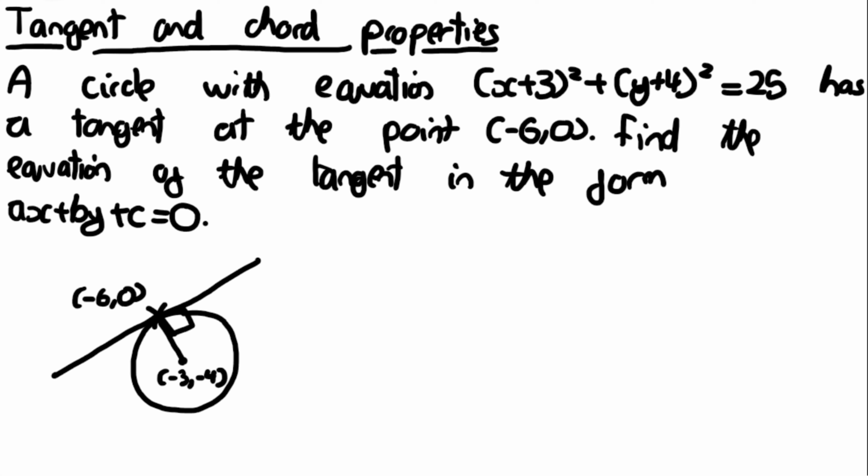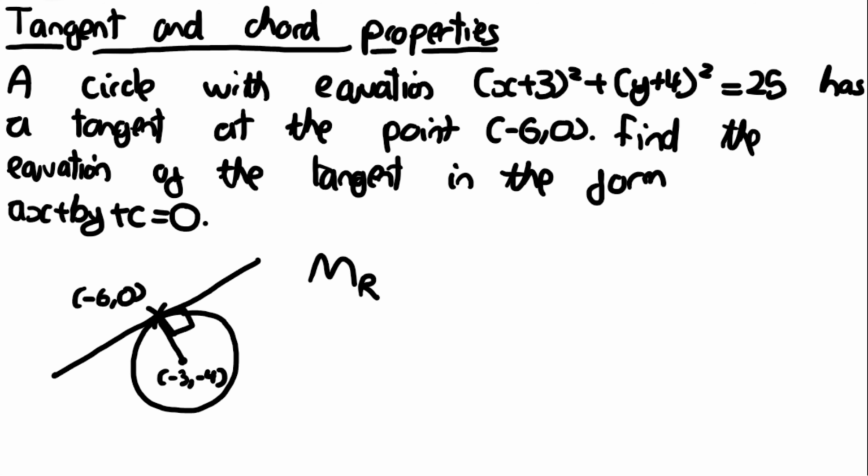So how do we approach this question? Well, the first thing we can do is we have 2 points on the radius. We have the centre and we have the point the radius is connected to on the circumference. So therefore we can find the gradient of the radius. This is all m_r here. I know I really used to hate subscripts at the start of A level, these little letters here.